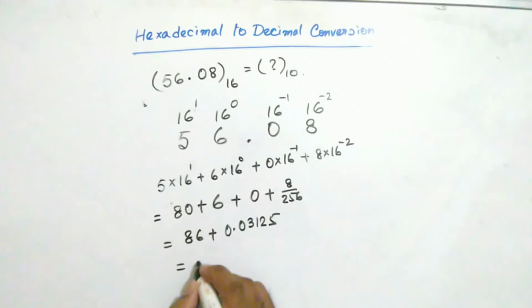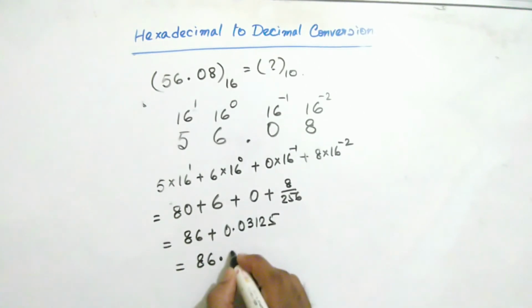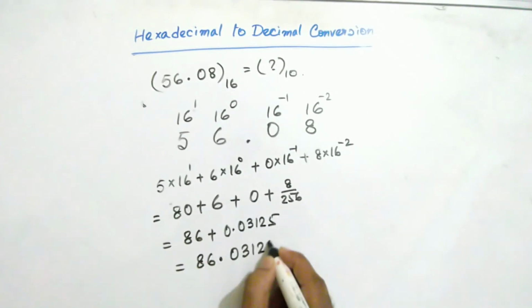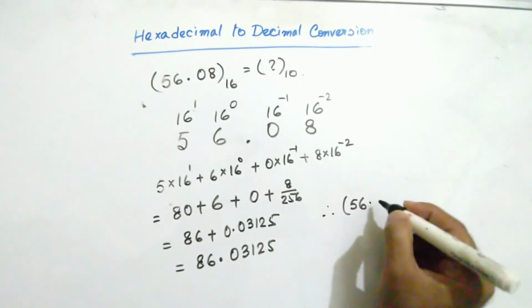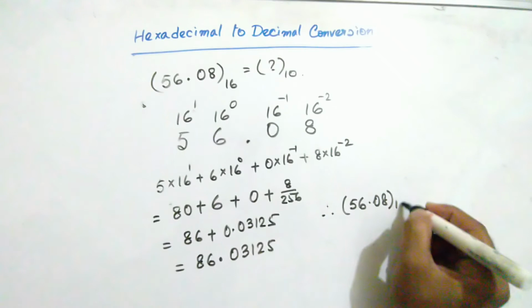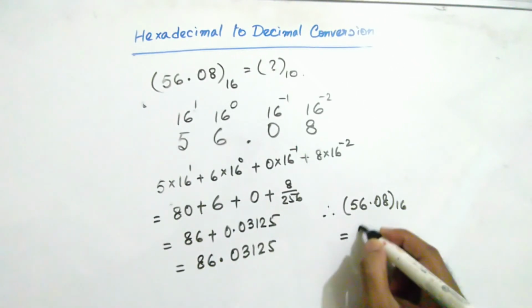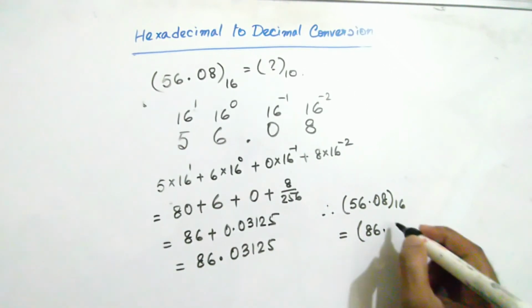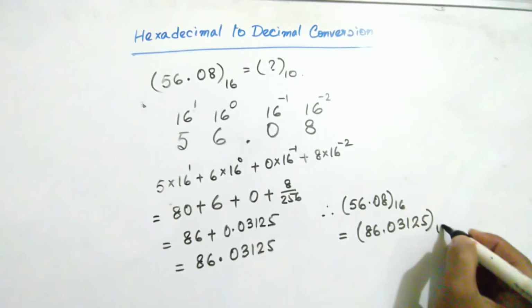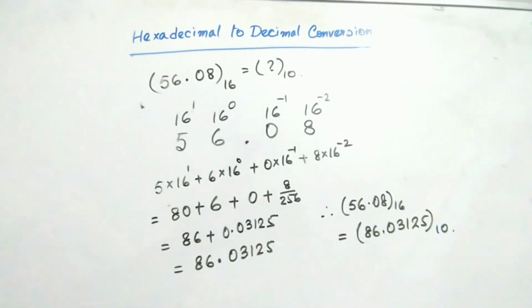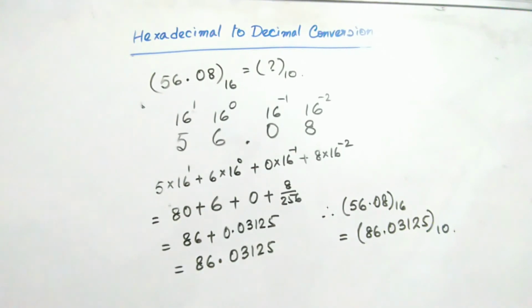If we add these two, we will get 86.03125. Therefore, the decimal equivalent of the given hexadecimal number 56.08 is 86.03125. This is how we can convert a hexadecimal number into its decimal equivalent.